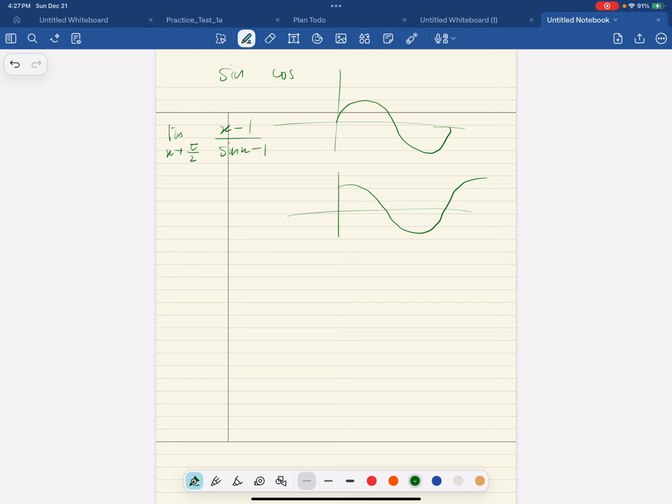So this is a perfect example where you have to look at the graph. You also need to know the graph of the sine and the cos function. You also need to understand the arctan, but that will be later on as well.